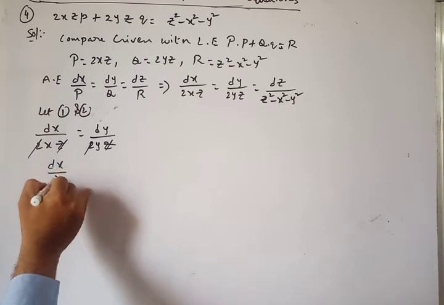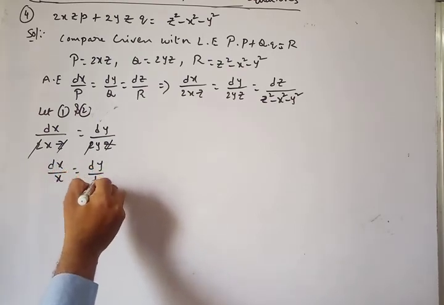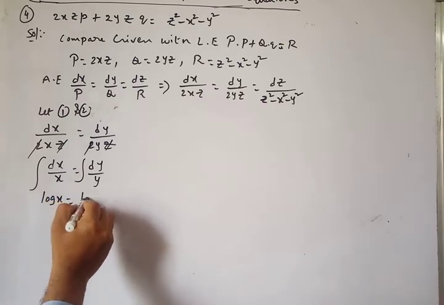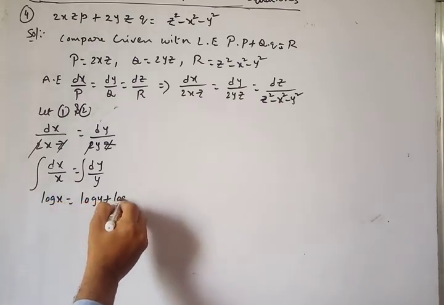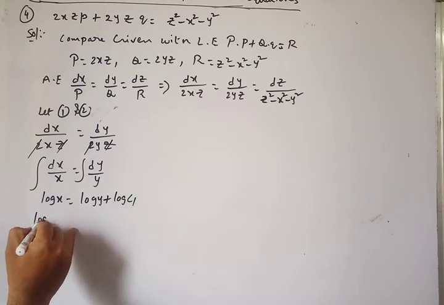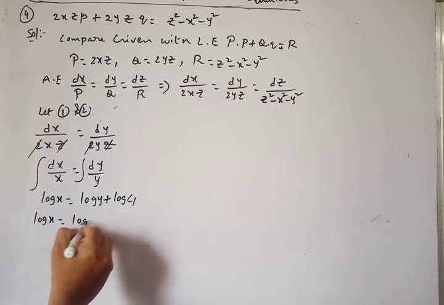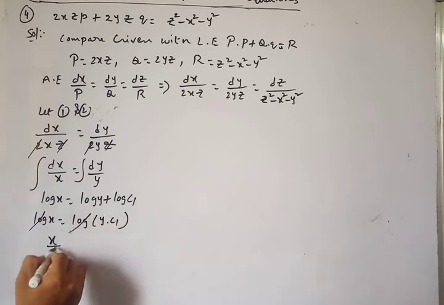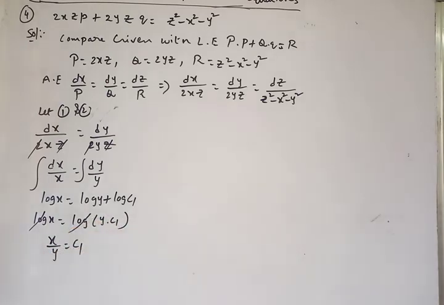What is left here? dx by x is equal to dy by y. So the integration of 1 by x is log x, and of 1 by y is log y. Constant I am taking as log c1. So log x is equal to log a plus log b, log ab. Log got cancelled. x by y is equal to c1. I got one solution: c1 is x by y.